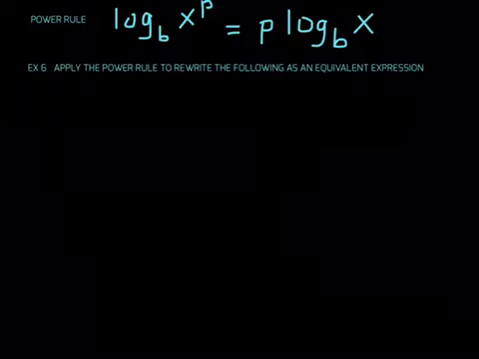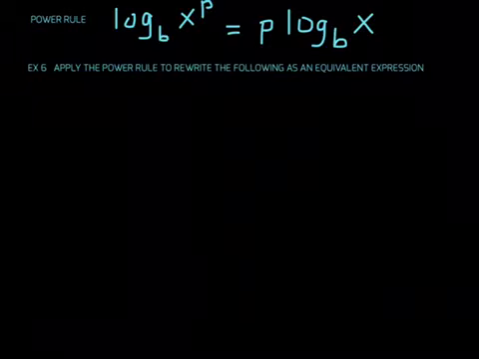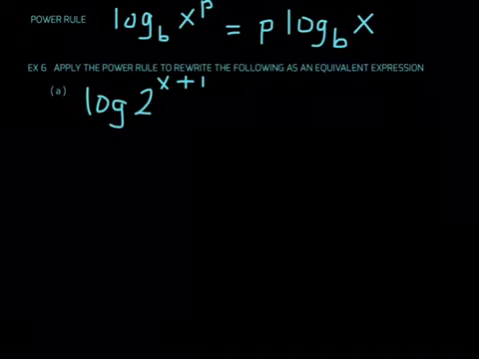Okay, guys, example 6. Apply the power rule to rewrite the following expressions as an equivalent expression. Here's the first one. We have log of 2 to the power x plus 1.